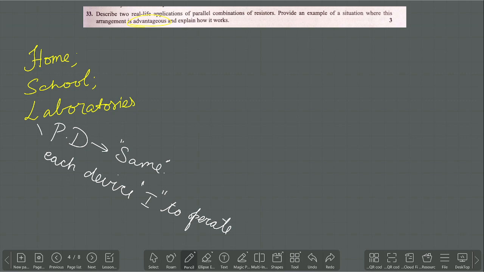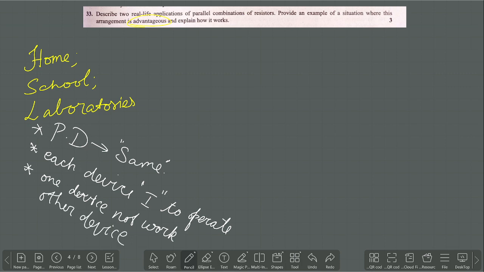Second advantage. Third advantage is, if one device is not working, the other devices will work. Fourth advantage, in parallel combination, the net resistance will be low.